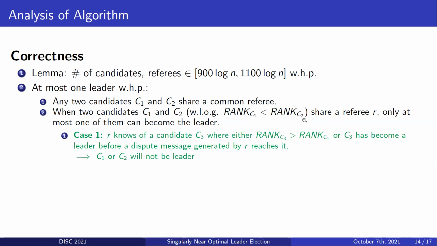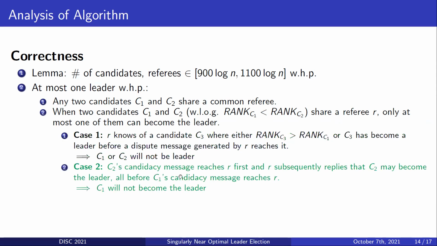If C2 comes, if it's larger than C3, then it would result in a dispute. And this dispute won't change things because C3 already became a leader. So in the other case, C1 or C2 won't be the leader.